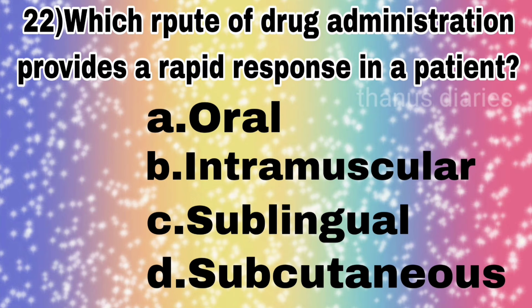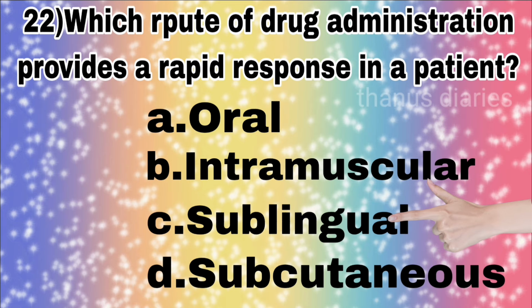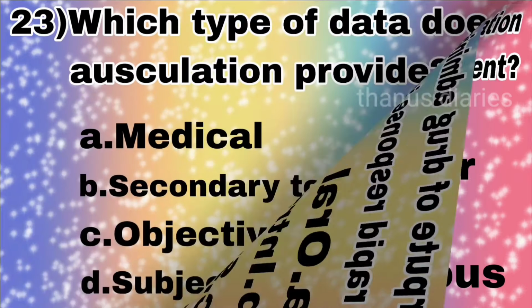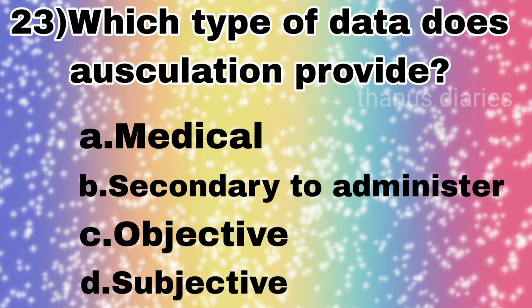Next question. Which route of drug administration provides a rapid response in a patient? Oral, intramuscular, sublingual, subcutaneous. And the answer is sublingual. Next question. Which type of data does auscultation provide? Medical, secondary, objective, subjective.